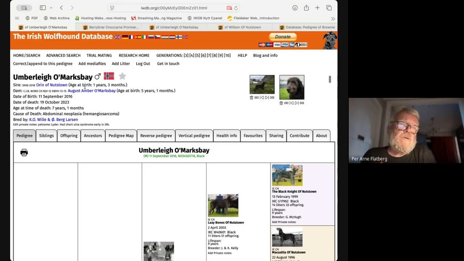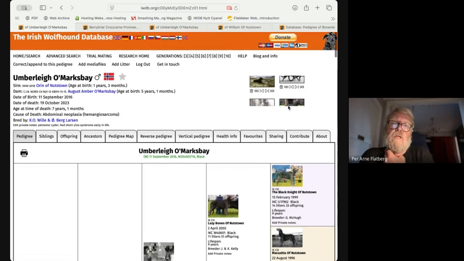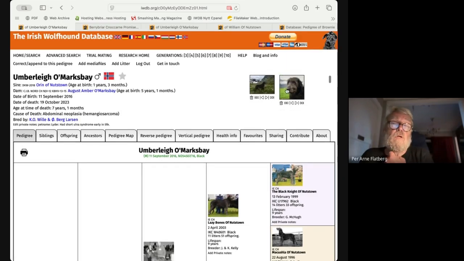I'm a super user, so I can do that on all dogs. But for most of you, you can do that on the images you have uploaded yourself, and use these arrows to move them to the top or to the bottom or whatever, if you'd like to keep a repository of your dog's photos, like I do.